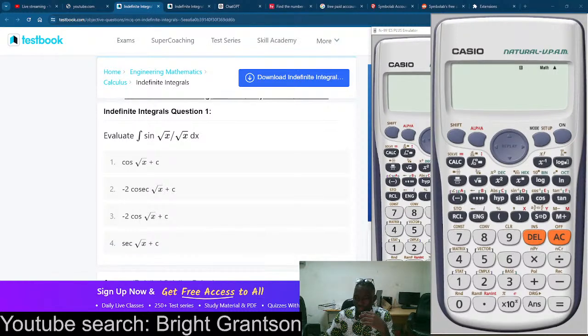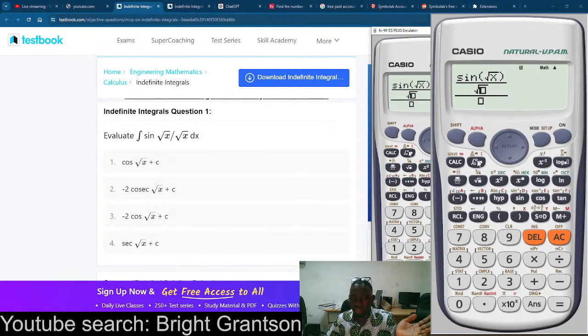When we are given a question, in this case this is our question, we write a fraction. Then we write the function. The function is sine of root x, divided by another root x.